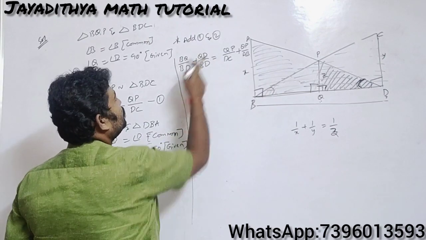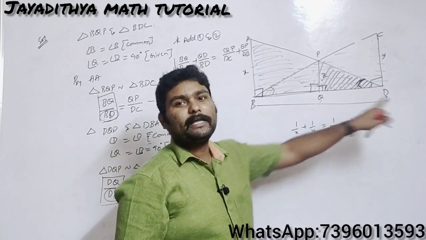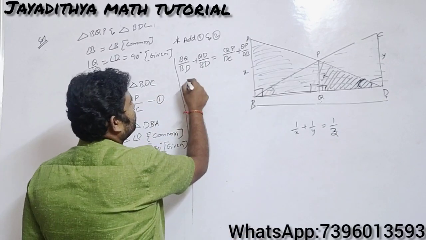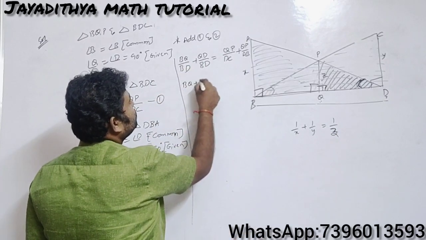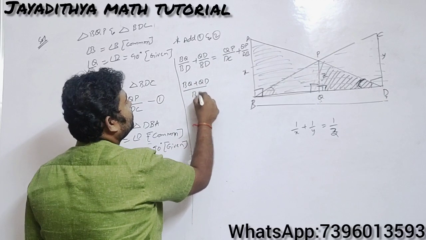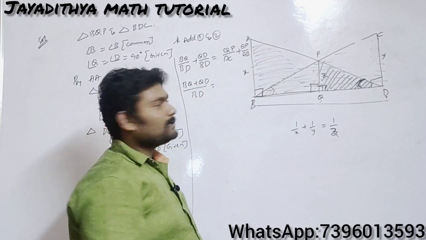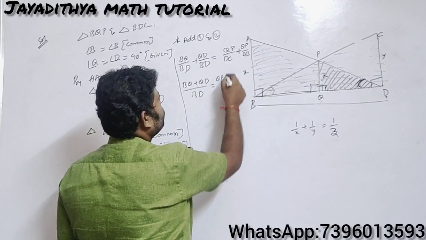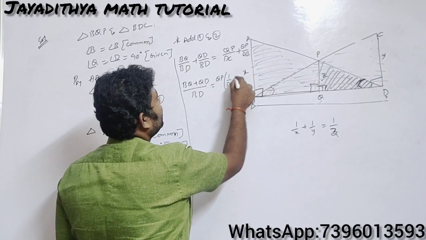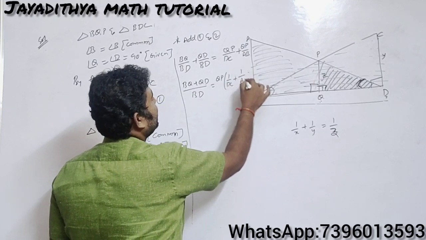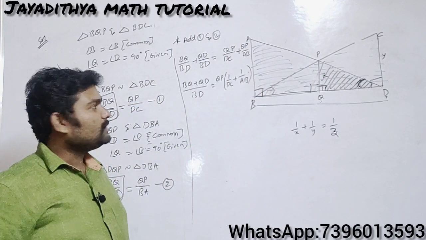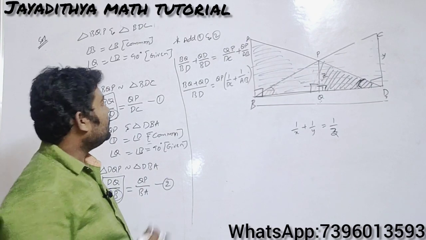So this is BQ plus QD. What happens? This is BQ plus QD by the common denominator BD, and here I can take QP as common. If I take QP as common, I will remain with 1 by DC plus 1 by AB. Clear?